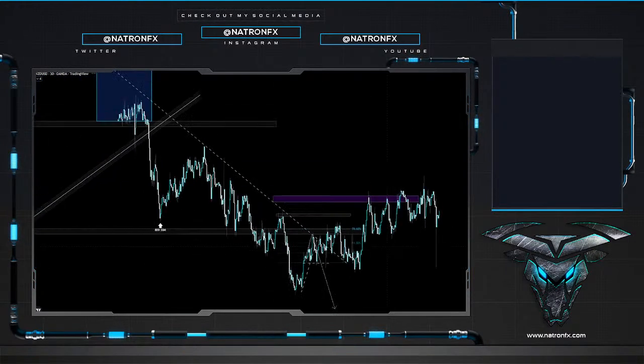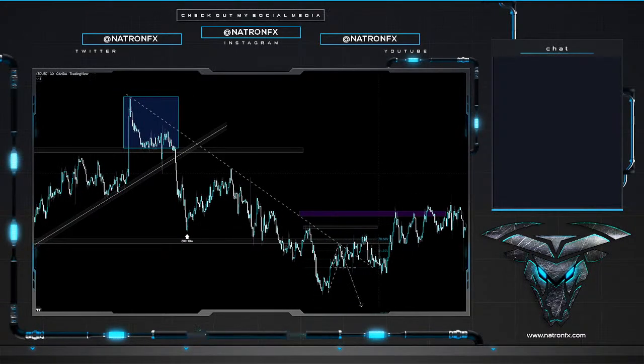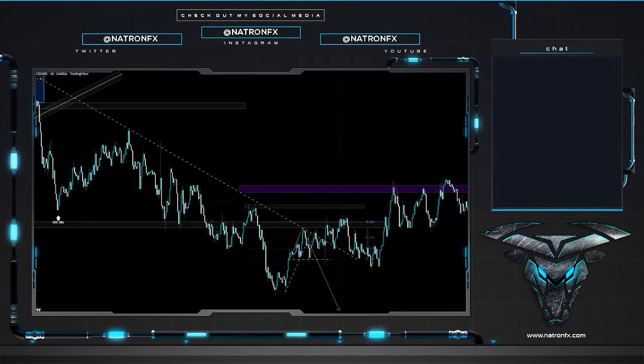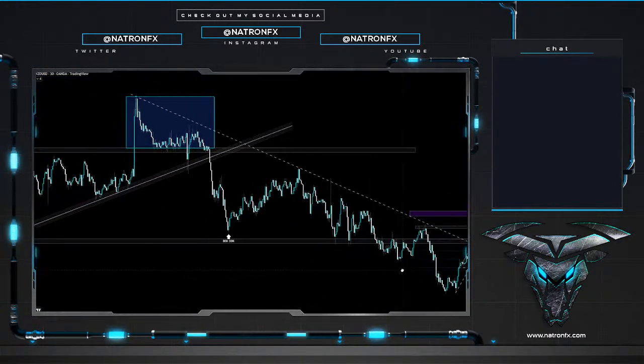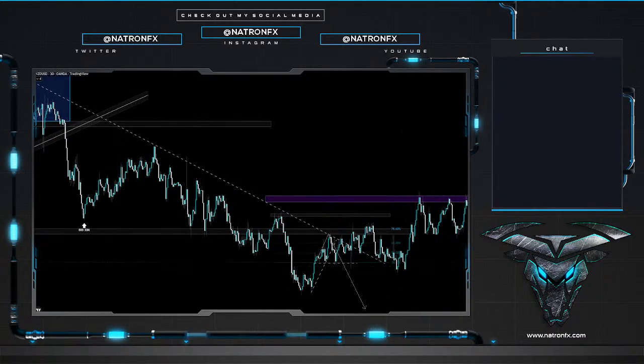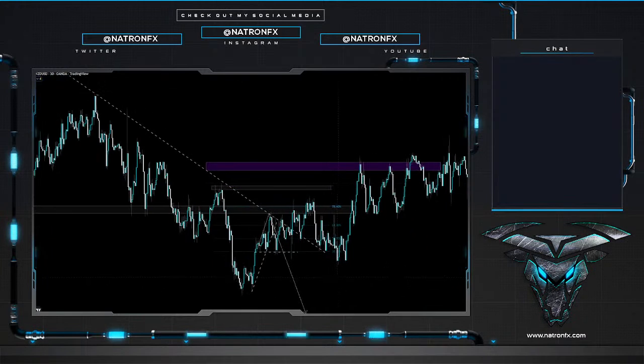Okay, so this here is something we went through in our last live. One of our viewers said that we're looking at, let's see here, how can we do this? This is about where we were at. Somewhere right around in there. And what I wanted to see was a break below this line here.